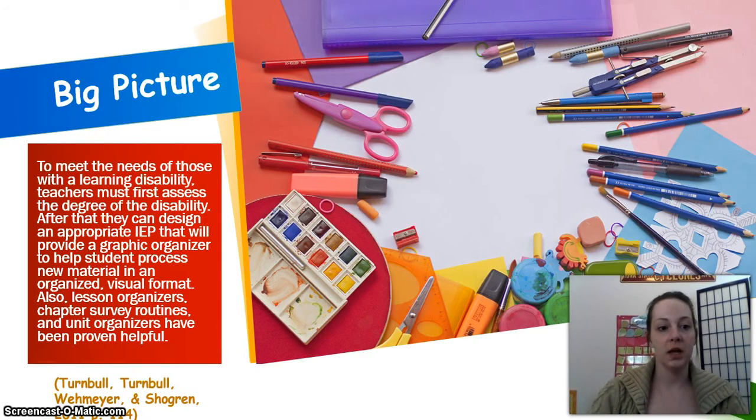Ways that we can meet the needs of these types of students and apply the principles of UDL, Universal Design of Learning, is first assessing their specific needs and deficits. Sorry, I have a computer over here, so I don't know which one to look at.